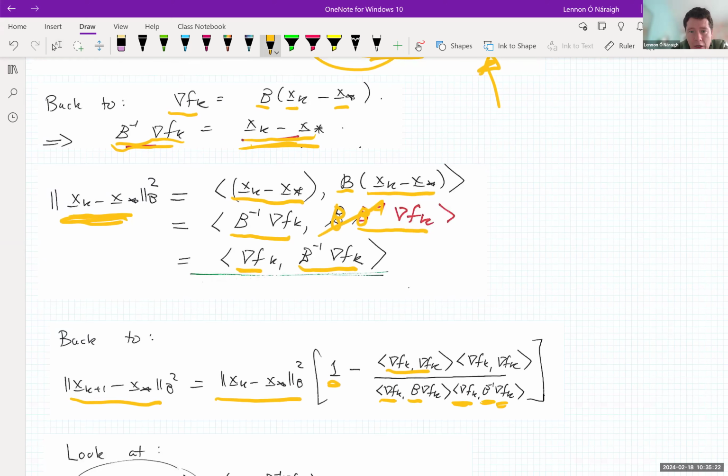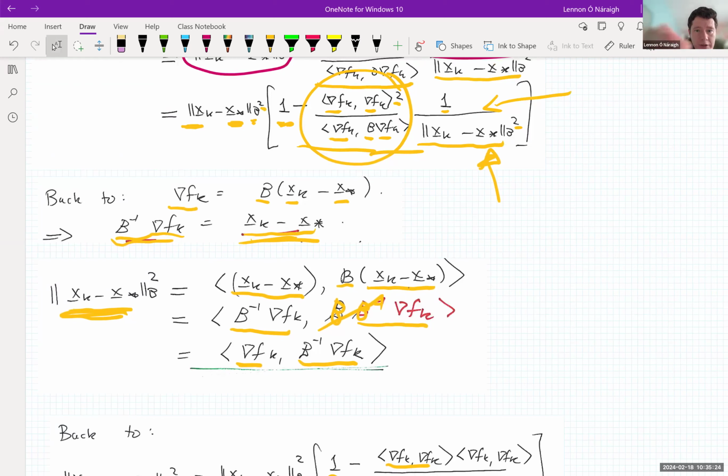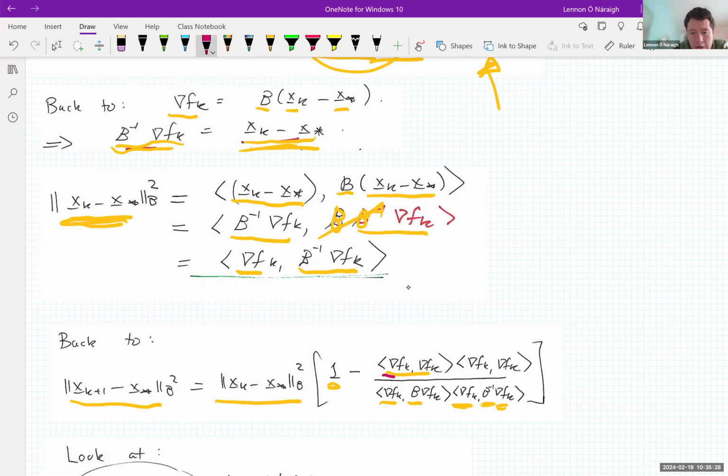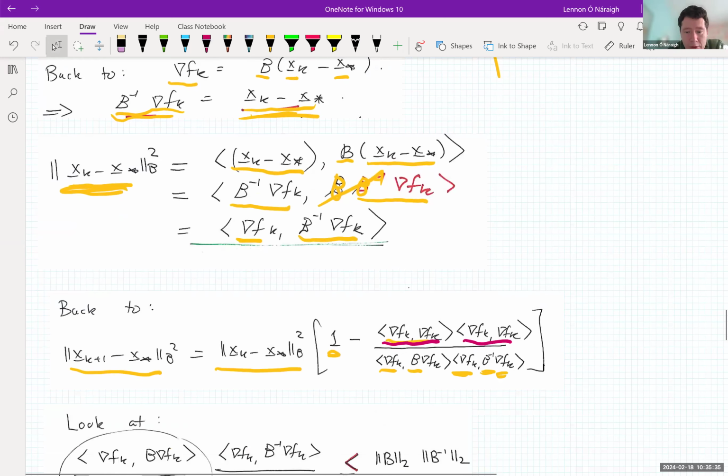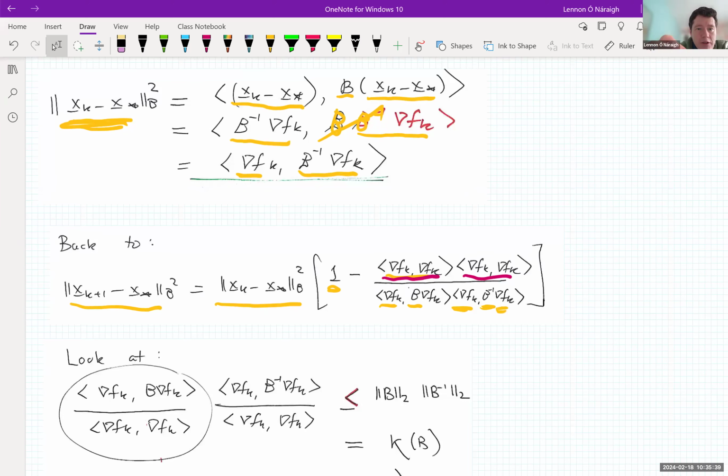And then I've just rewritten the square as 2 copies of grad f scalar product with grad f. And there's a reason for doing that, which we now come to. So I want to look at this particular combination. So this term, and then turn it upside down.